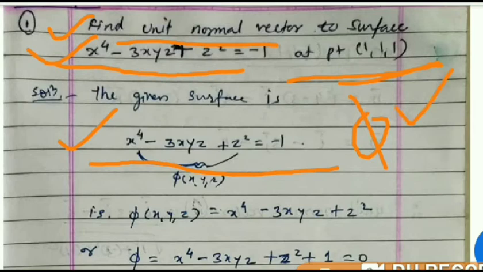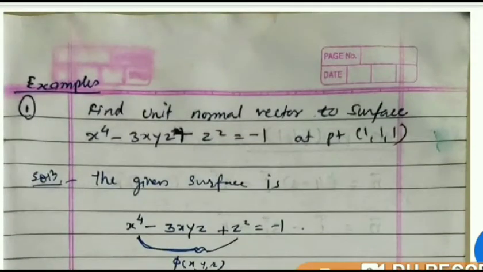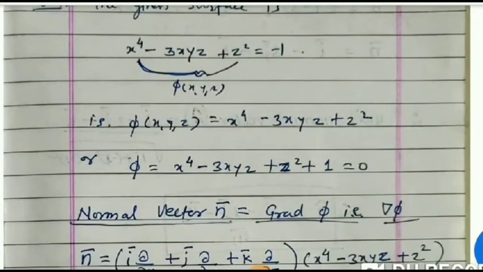That means we are given phi of x y z equals c, but we want only phi, the scalar point function.